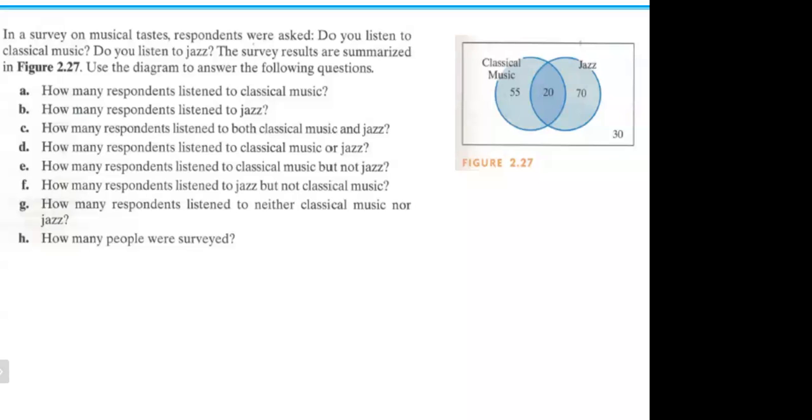That's correct. Okay, Ms. Pratt, could you answer E and F? How many respondents listen to classical music but not jazz? 55. And F, how many respondents listen to jazz but not classical music? 70. Okay, thank you.